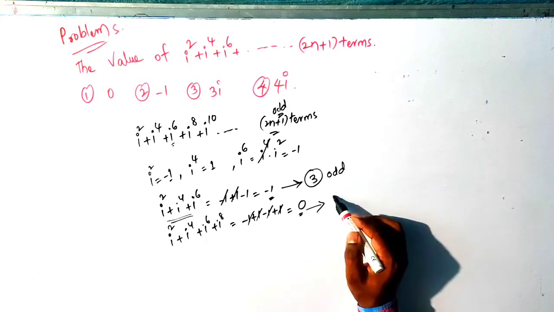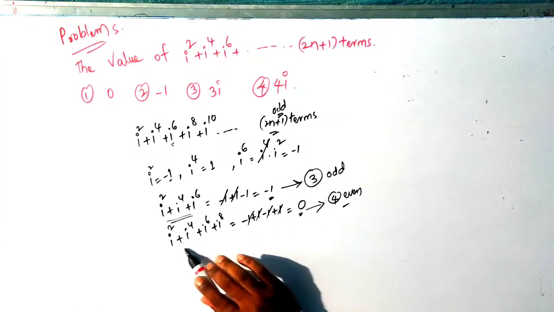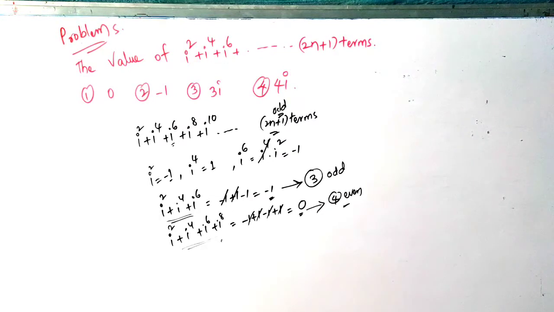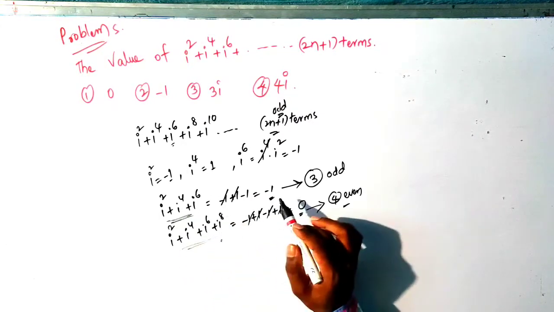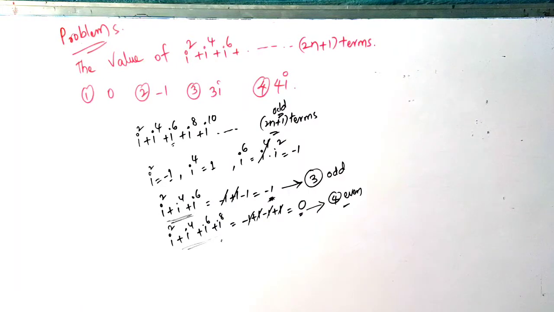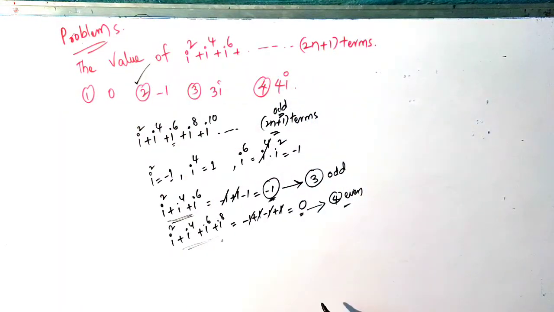Here 4 terms, which is even. So if we take an even number of terms, we get 0. If we take an odd number of terms, we get minus 1. So minus 1 is the answer for odd terms.